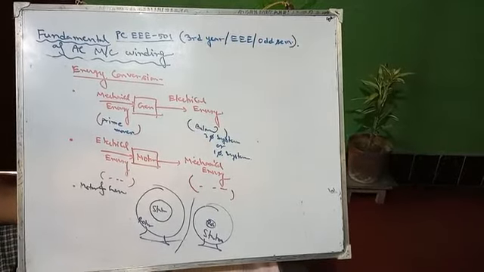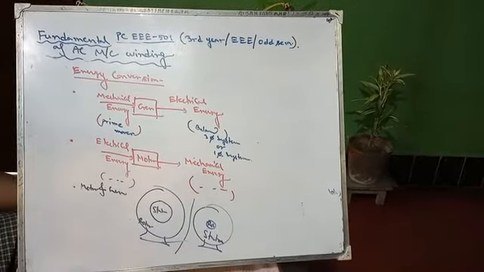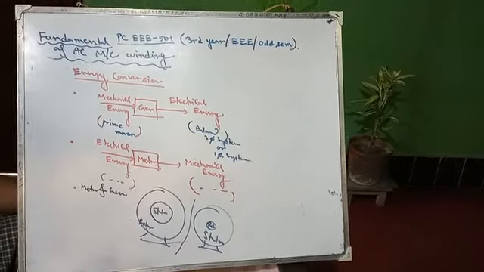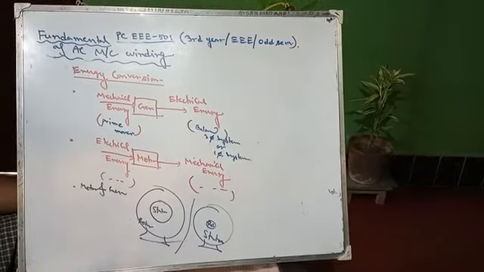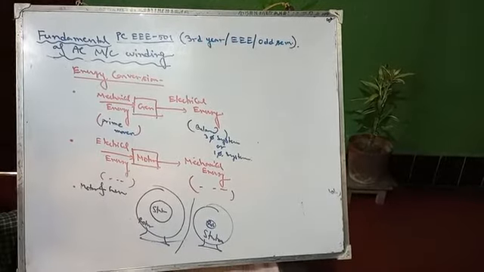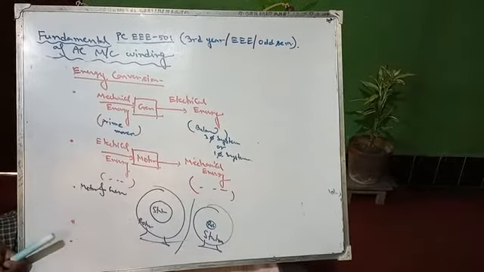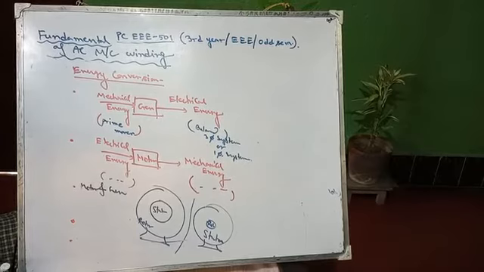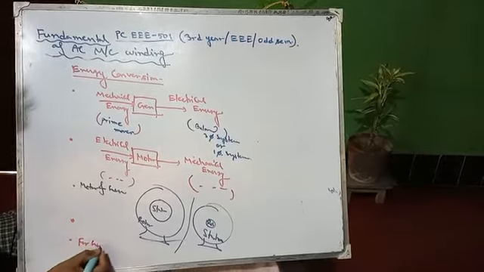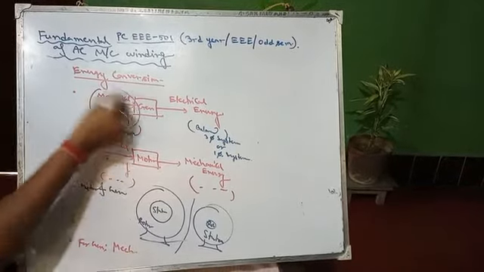Okay, so fourth point: every generator can operate as a motor and vice versa. Always remember. And there are some important equations. For a generator, mechanical power is the input energy.